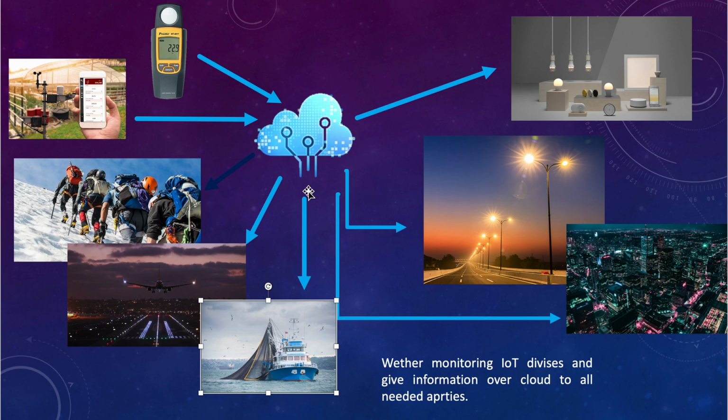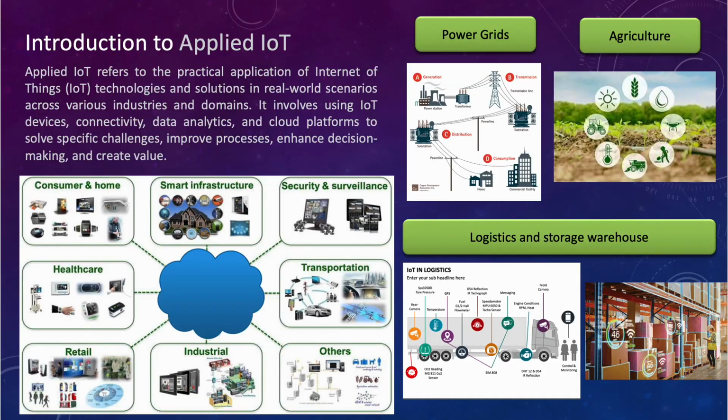But if they know the weather condition before they leave the harbor, they can make it very efficient by just needing the fuel for only 3 days, and on all those 3 days they can make sure that they have a catch, so that they can earn. So that's how the process gets efficient, right? Even little things like that, we can use IoT solutions to address, right?